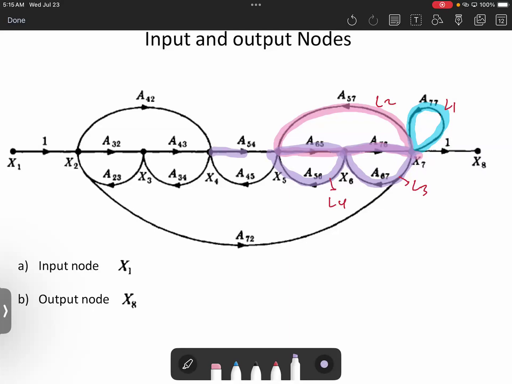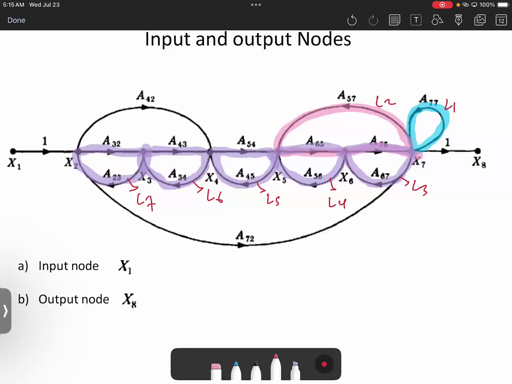There is another loop here, another loop here, and a loop here. So I would say L5, L6, L7, right? Where? Please tell me about the gain, not the gains, the X. Which one?